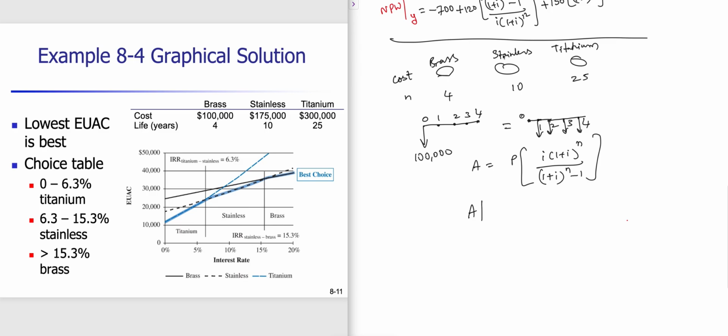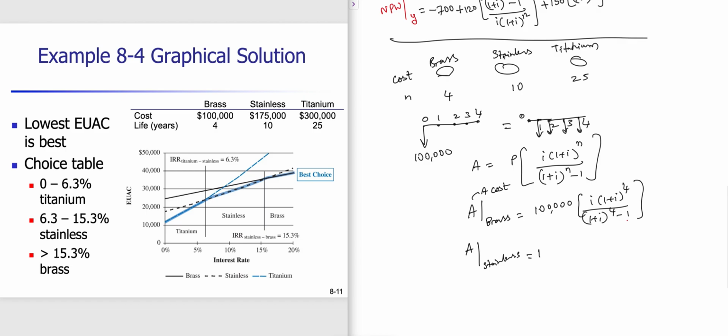So you find out what is A for brass, which would be 100,000 times I times (1 plus I) to the power of 4 over (1 plus I) to the power of 4 minus 1. What is annual cost for stainless?